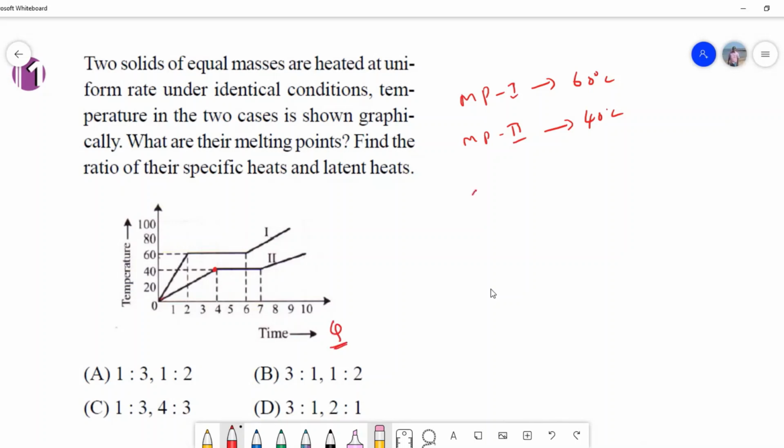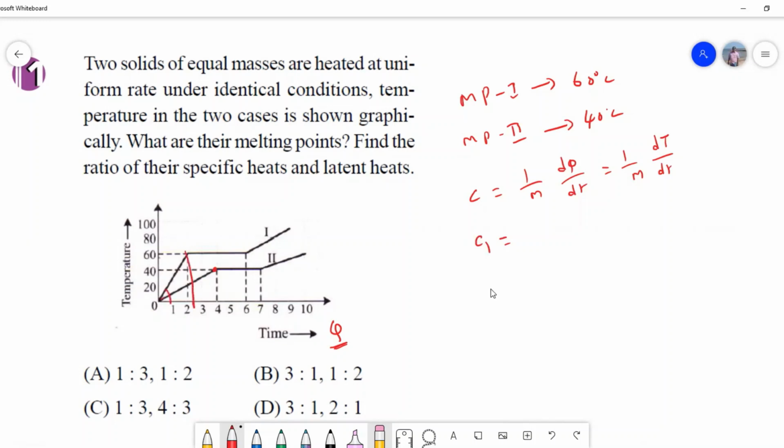So we write C is equal to 1 by m into dQ by dt. So this I'll write as 1 by m into dT by dt, where t is time. So let us take the first one. C1 is equal to, for the first one, this.